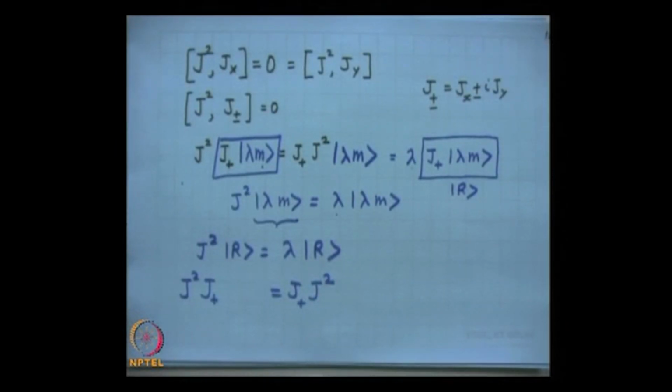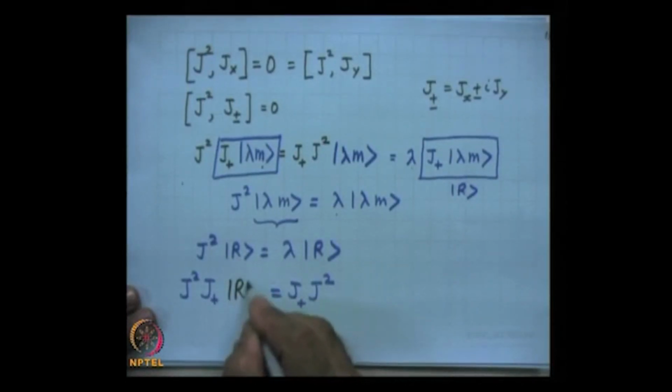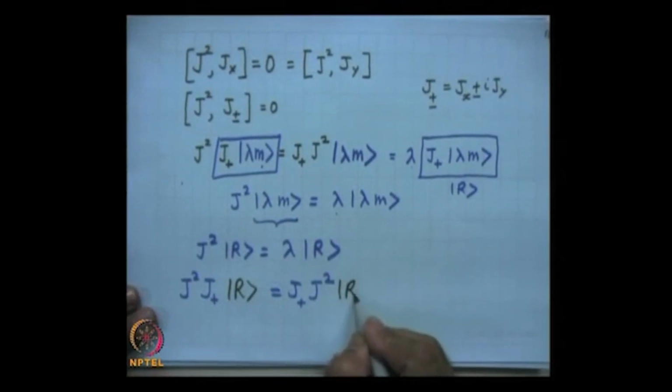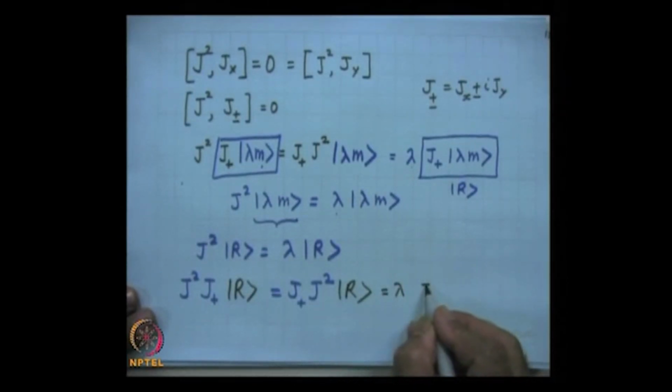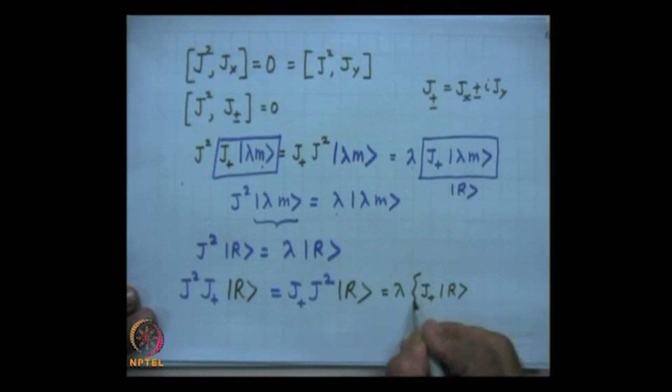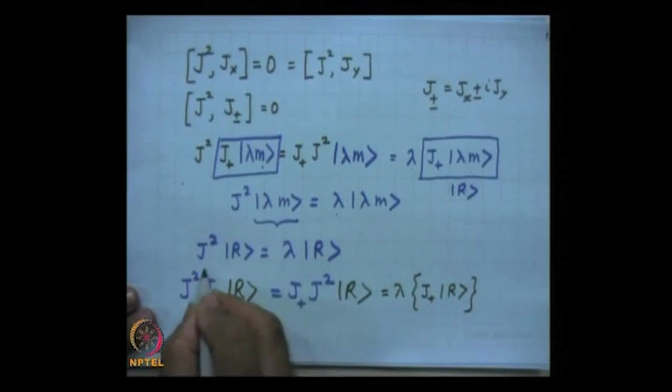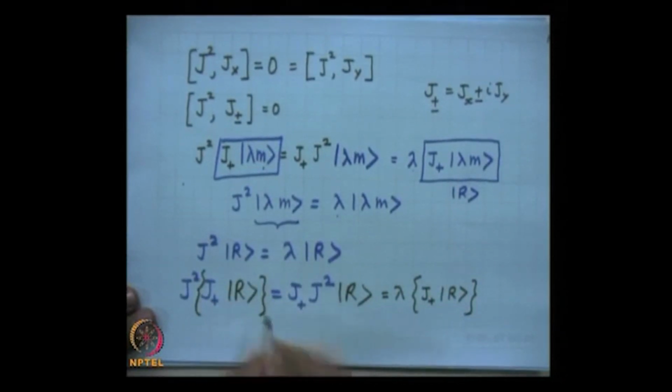I operate this on ket r. Now, j square ket r is lambda ket r, so lambda j plus ket r. So, I put this inside the bracket. Then j plus ket r is also an eigenket, provided it does not become a null ket.